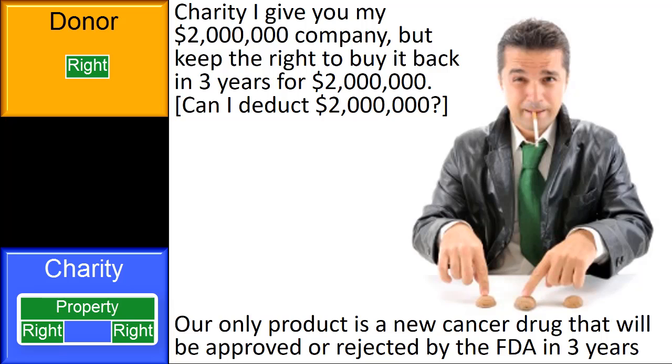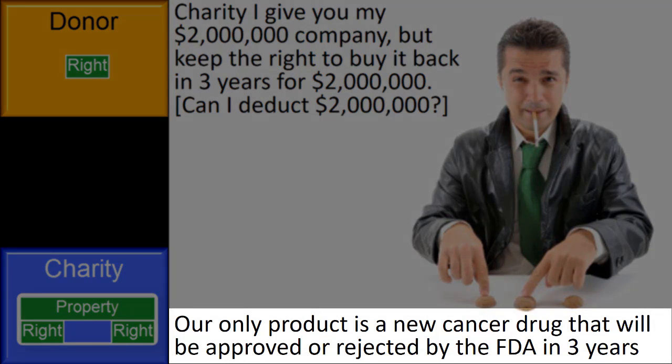Were it not for the prohibition against deductions for such partial interest gifts, the donor could deduct $2 million. This is logical because the charity receives $2 million of property, and the right to repurchase the property requires a $2 million transfer. How could such a transaction be abusive of the tax code?